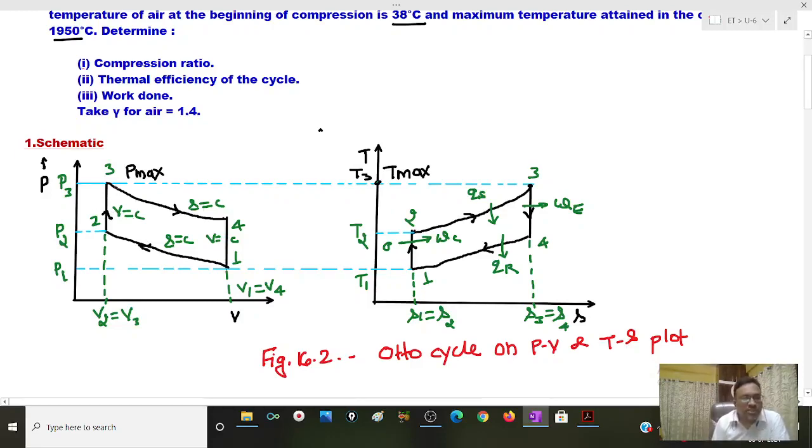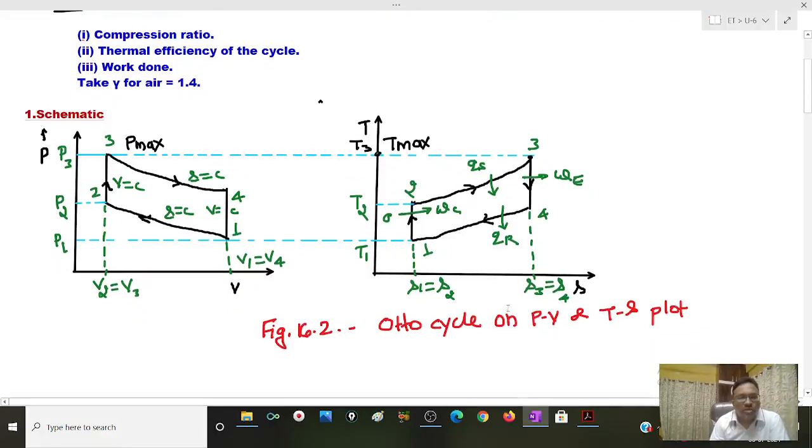During this process, P3 is the maximum pressure in the cycle and T3 is the maximum temperature of the cycle, whereas P1 and T1 are the minimum pressure and temperature correspondingly. So this way we can represent the Otto cycle on PV and TS plot.